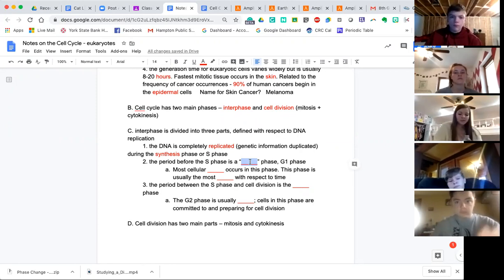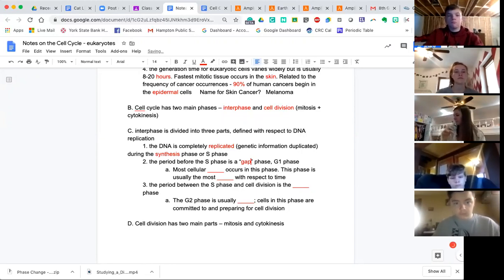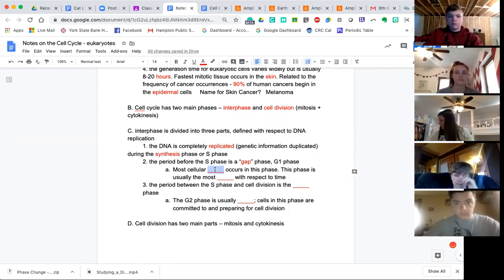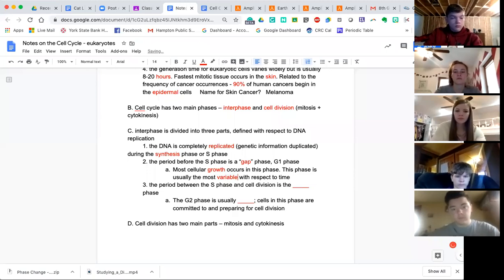Right before the S phase, we have a period called the gap phase, or the G1 phase, the first gap. This is when the cell is growing, and this phase is usually the most variable in how long the cell actually grows.